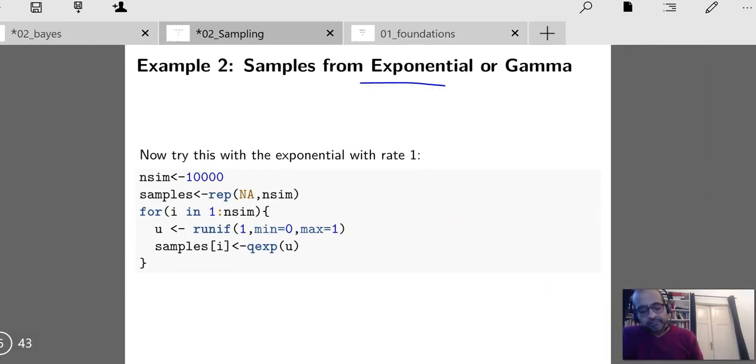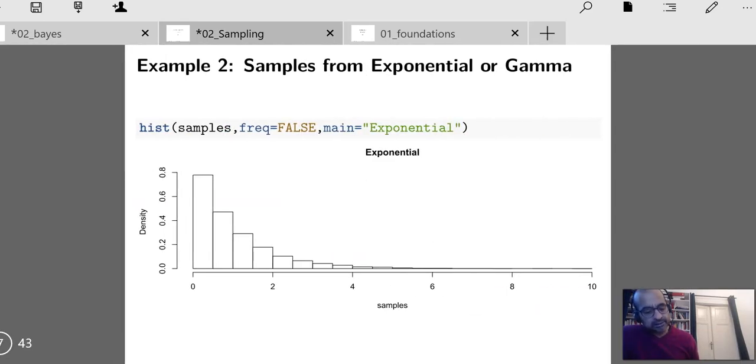Another example is sampling from an exponential or gamma distribution. This time I'm again going to take repeated samples, and each time take a random sample from a uniform distribution with minimum 0 and maximum 1, right? And then instead of using the qnorm function, I can use the qexp function for the exponential distribution and get samples from that distribution. And that's what it looks like.